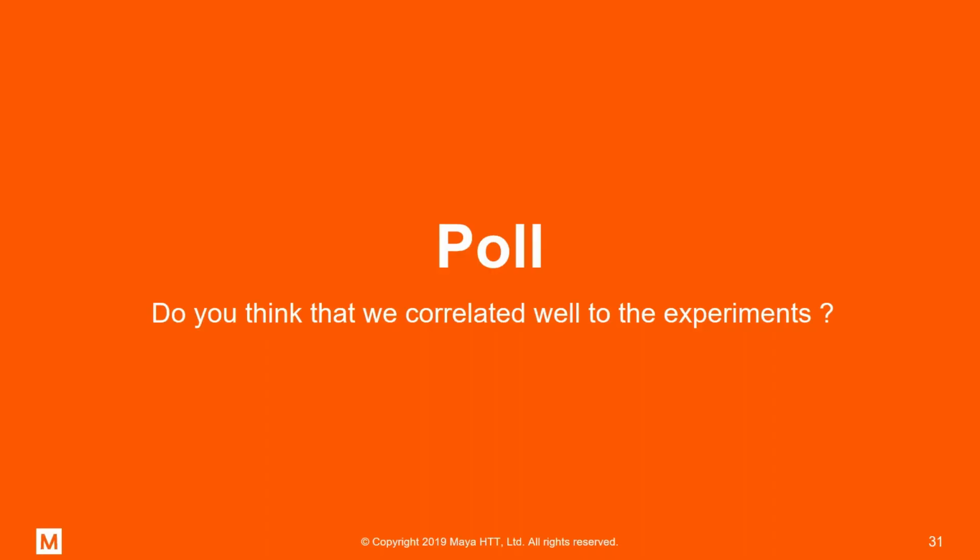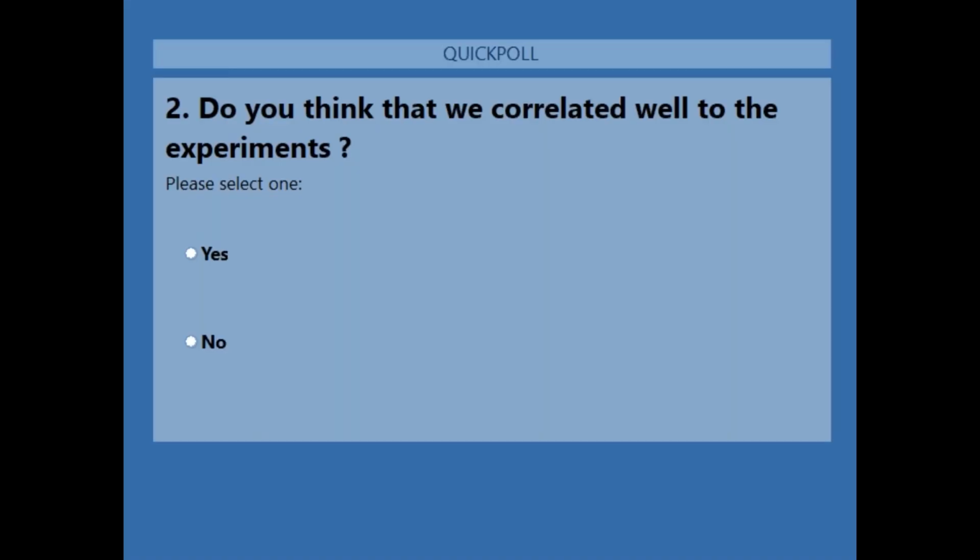So here we also have a quick poll that I'm going to hand over to Adam. The question here is how do you think we correlated with the experiments? You should be able to see the question on your screen now.